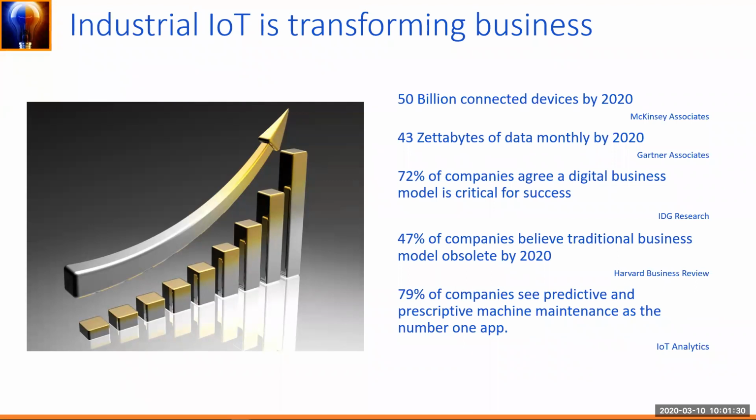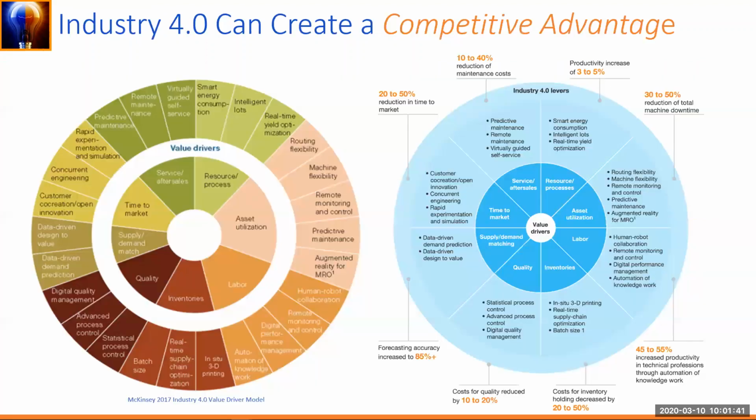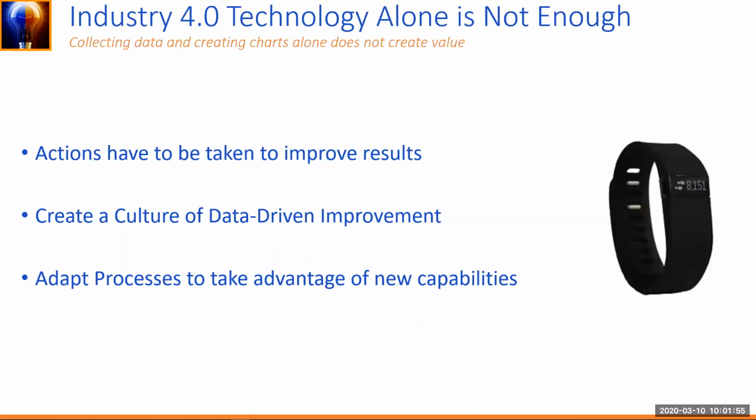Very many different forms of Industry 4.0 are being utilized in industry. Very heavy investment in this, and furthermore, there's a lot of ways that Industry 4.0 can create a competitive advantage. So there are a lot of different levers that can be pulled utilizing these techniques and this data to improve the process. However, the technology alone is not enough.